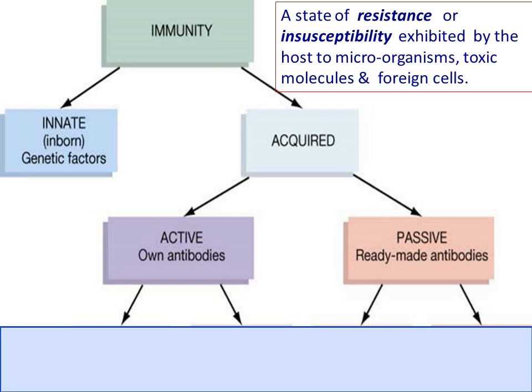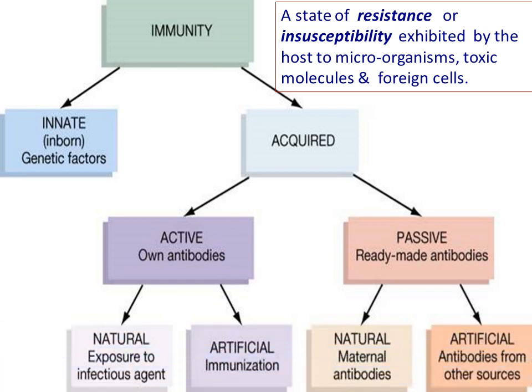It's a state of resistance or insusceptibility exhibited by the host towards microorganisms, toxic molecules, or foreign cells. This kind of immunity may be inborn or it may be acquired during the lifetime of an individual. This acquired immunity might be active or passive.